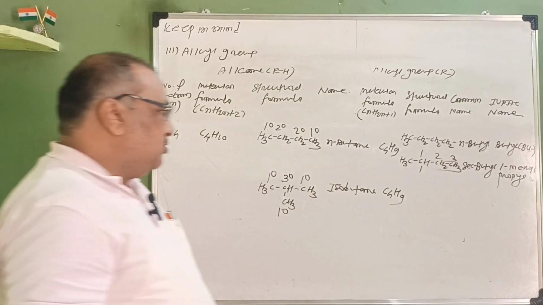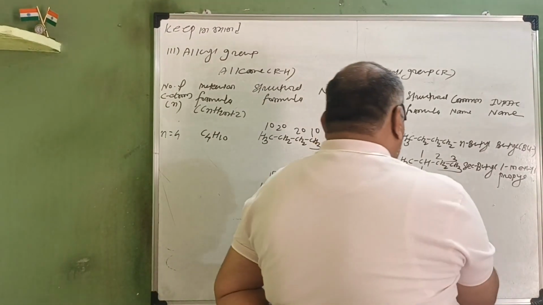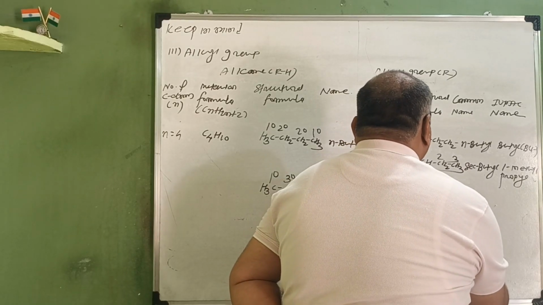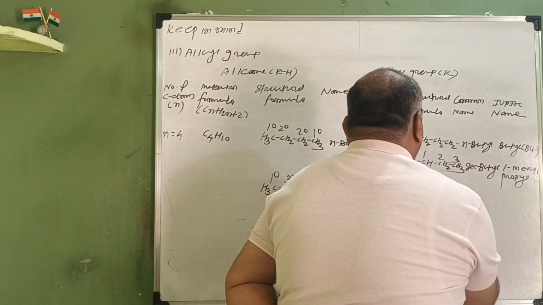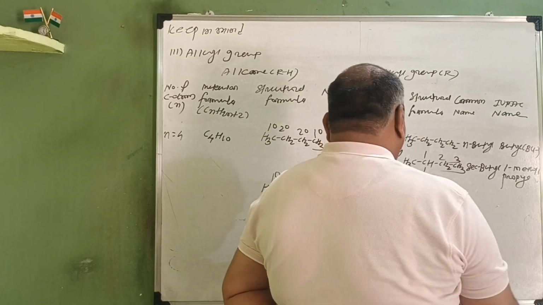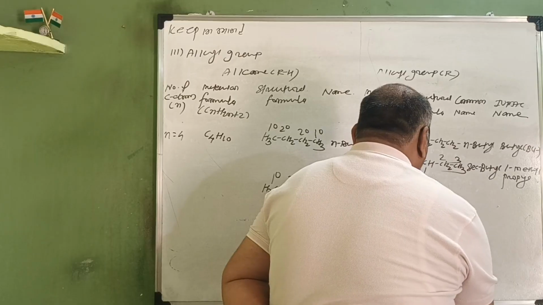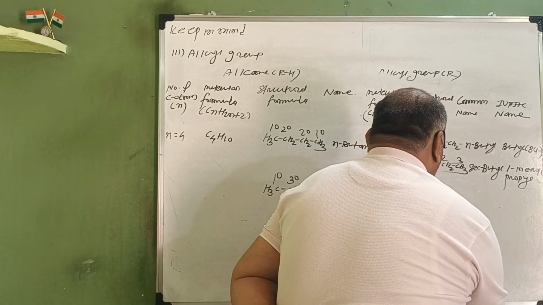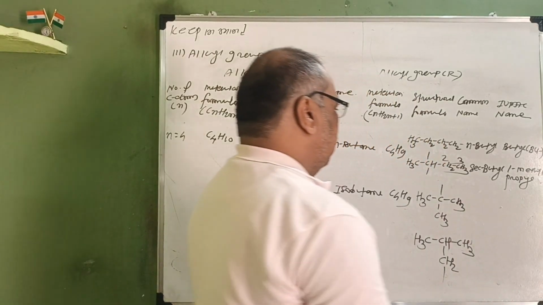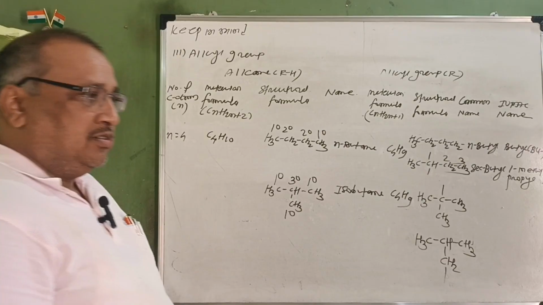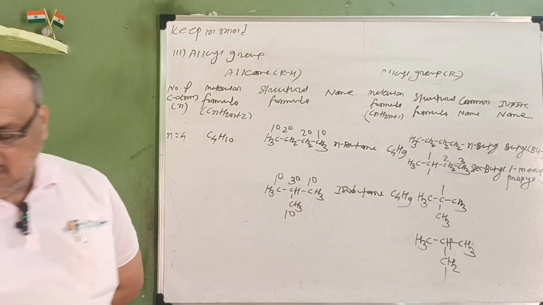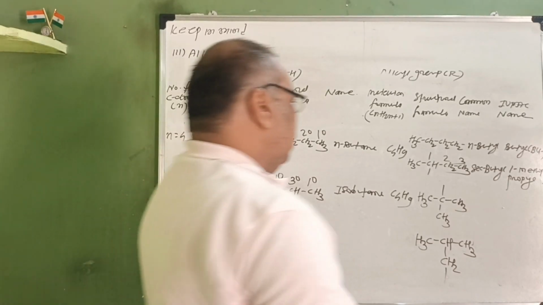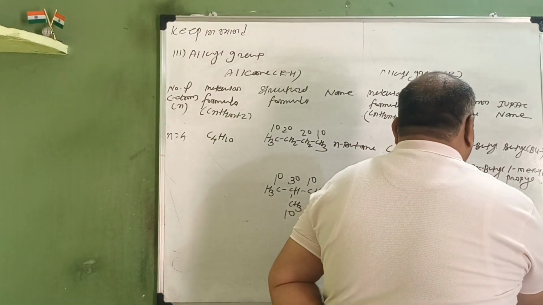You can remove the hydrogen from tertiary carbon or primary carbon and form two alkyl groups like this. Now here the name is tert-butyl.